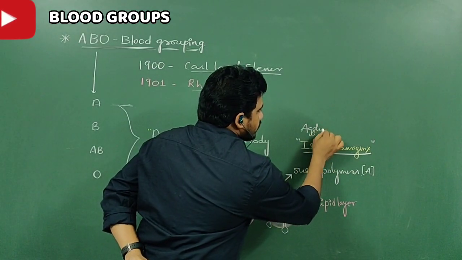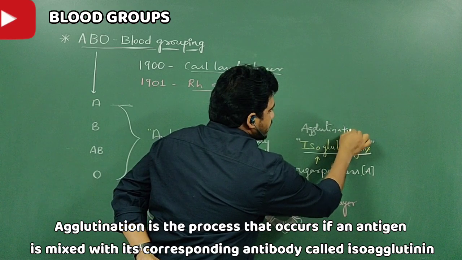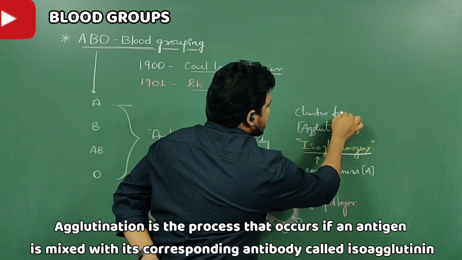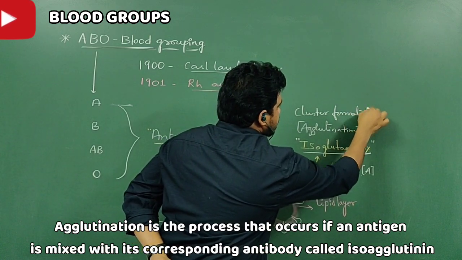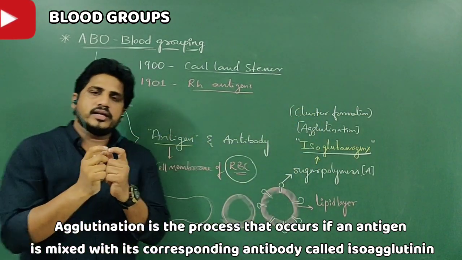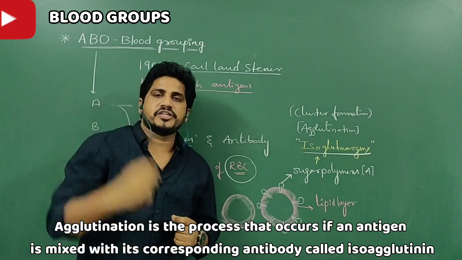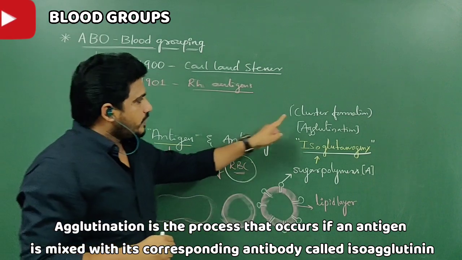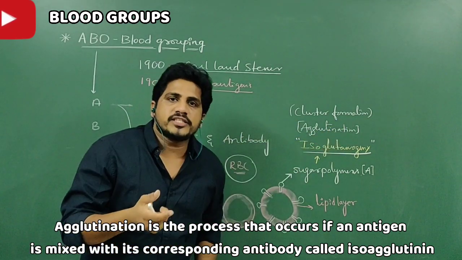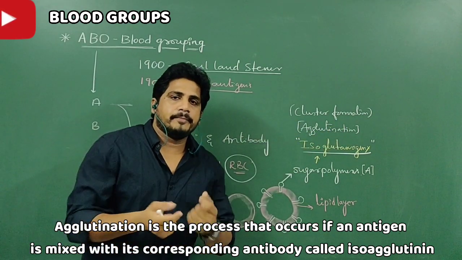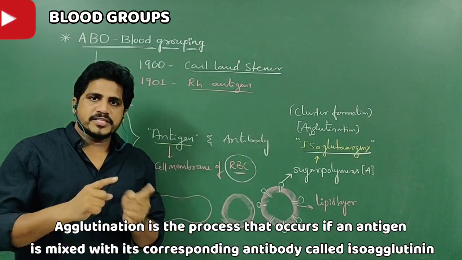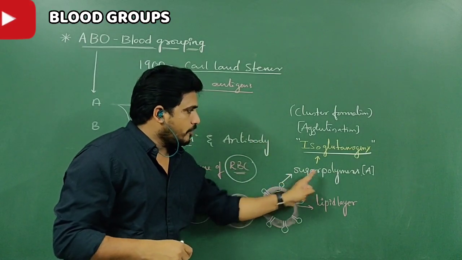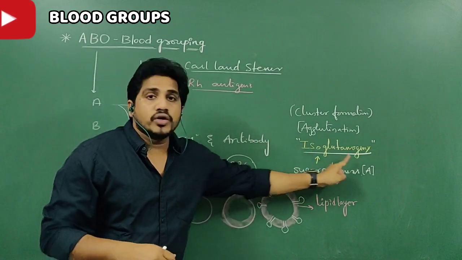Agglutination means cluster formation. RBCs will get stuck inside the blood vessel in the bloodstream. Then blood cannot be pumped further. That's why formation of clusters leads to blockage of blood flow. Then the person will die in case of mismatching blood group transfusions. That is the reason these sugar polymers are also called isoglutinogens.